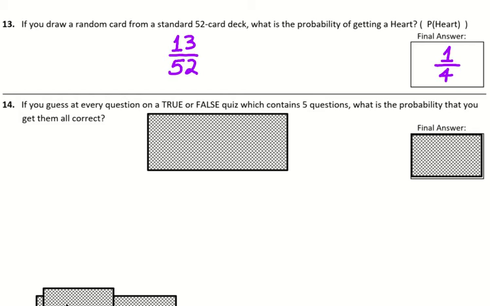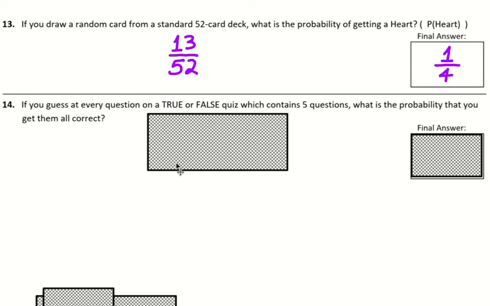Number 14, if you guess at, who would even do this? If you guess at every question on a true or false quiz, which contains 5 questions, what is the probability that you get them all correct? Okay, this is, in my mind anyway, a series of multiple events in a row. You guess at the first question, and there's a certain probability there of getting it right.